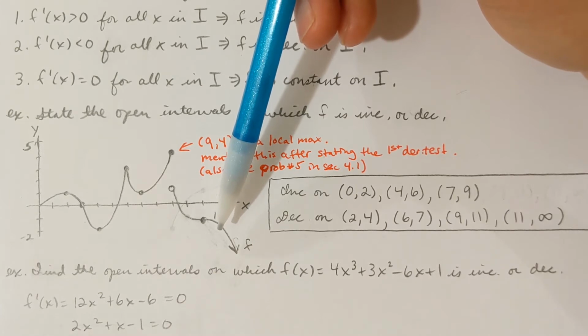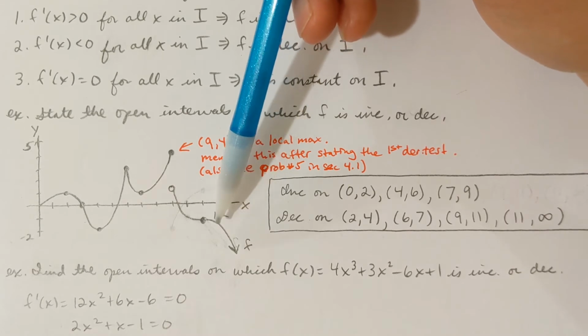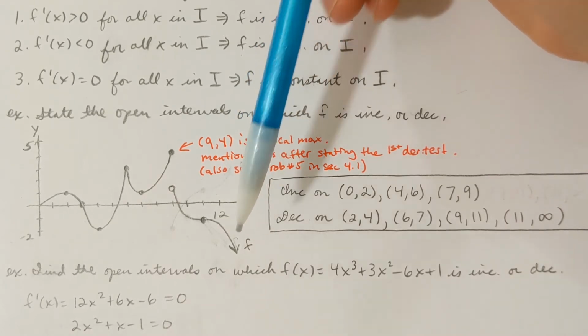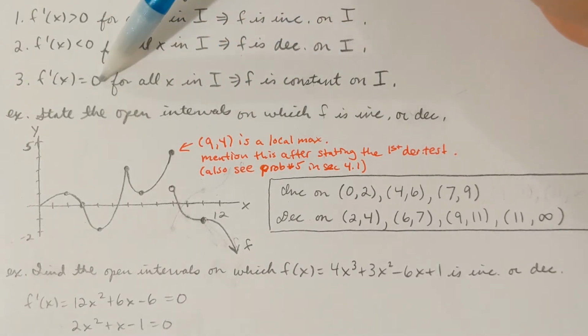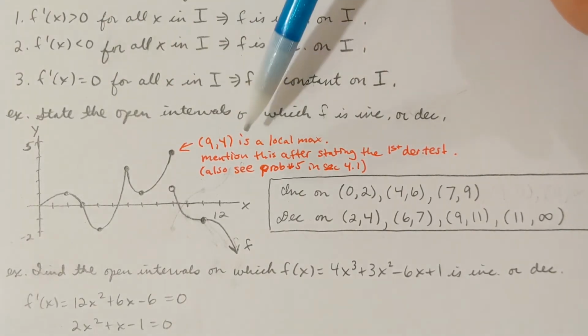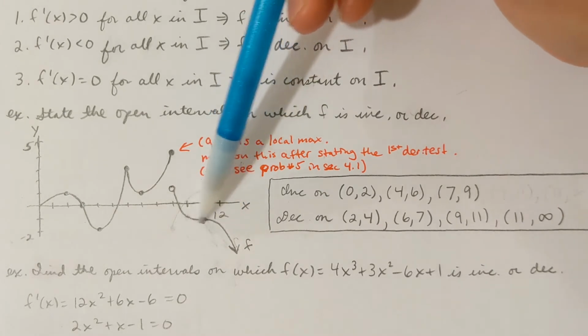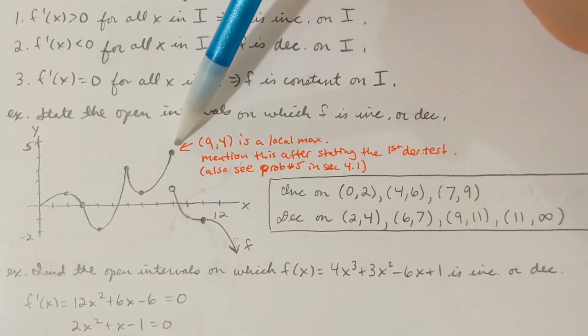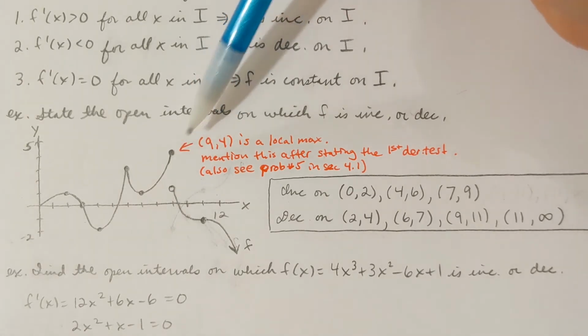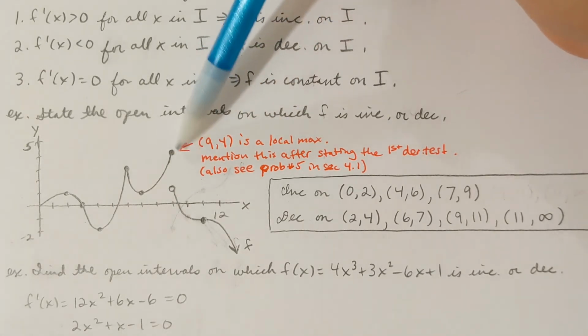and f prime of c exists, then f prime of c is 0. But one of the caution statements that I mentioned after that is that if f prime of c is 0, you don't automatically conclude that you have a min or a max. Again, (11, -1) is not producing a min or a max. Now, (9, 4) is the highest point in the neighborhood.